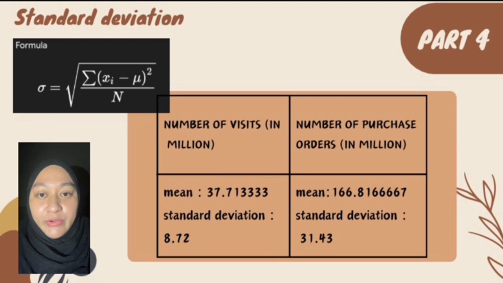Fifth, find the variance, and the last one, find the square root of the variance. For number of visits it is 7.72 and number of purchase order is 31.43. Standard deviation for number of purchase order is higher than number of visits.